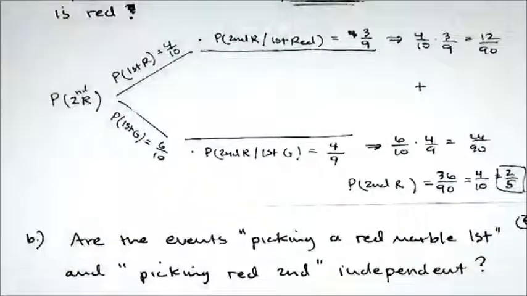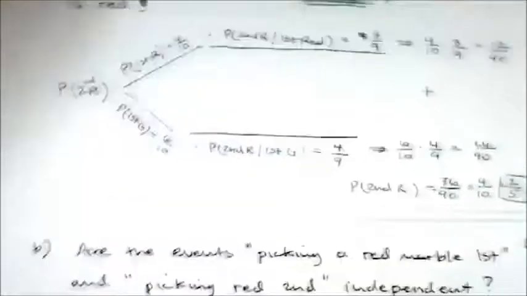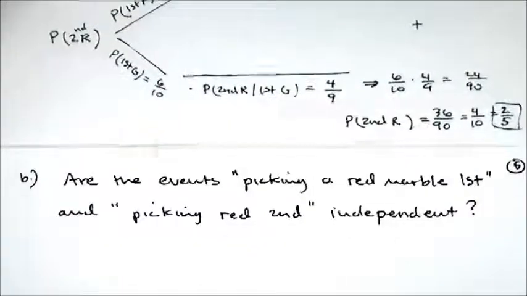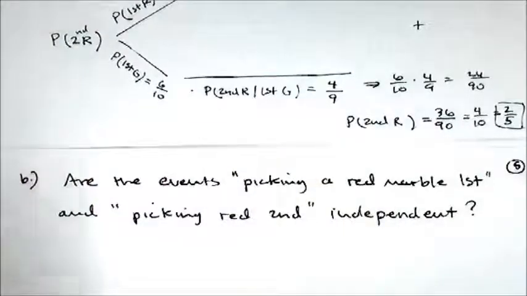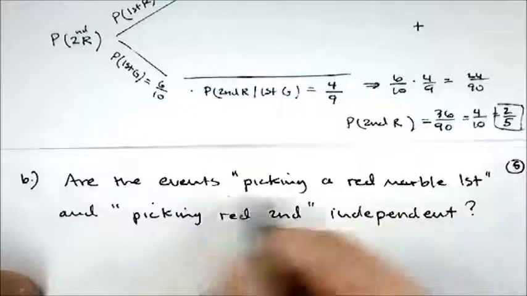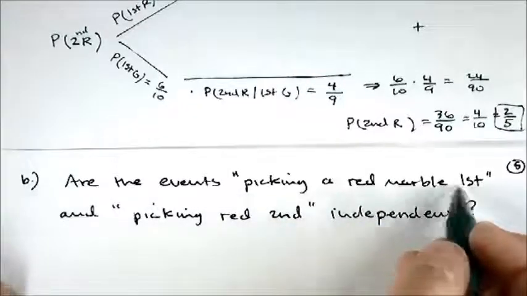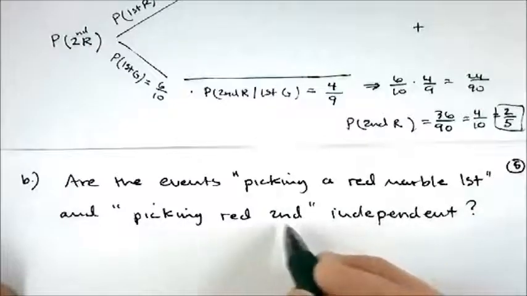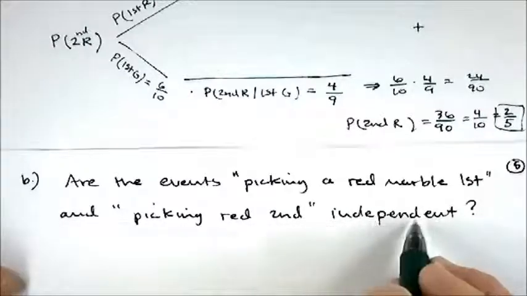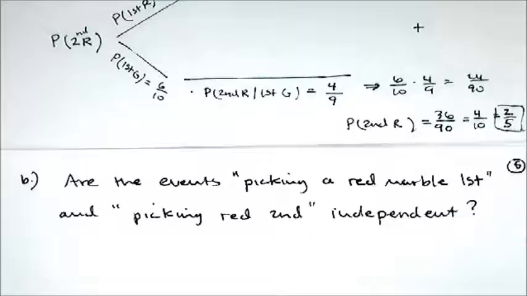And then let's just answer this question and we'll finish up. Are the events of picking a red marble first and picking a red marble second independent events? Let's think about this from an intuitive level first.